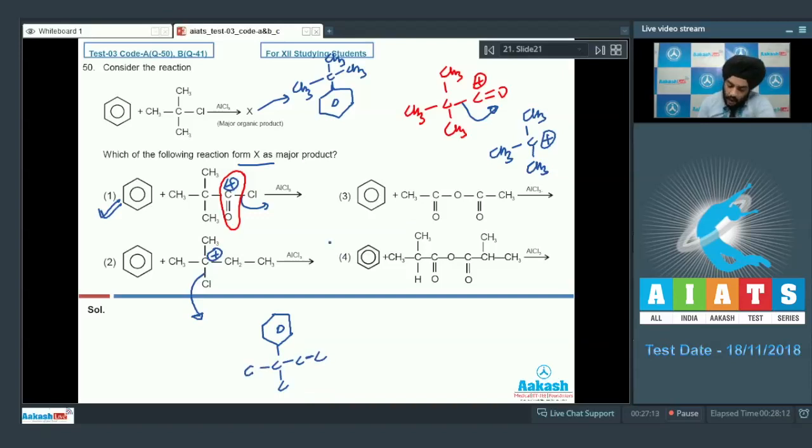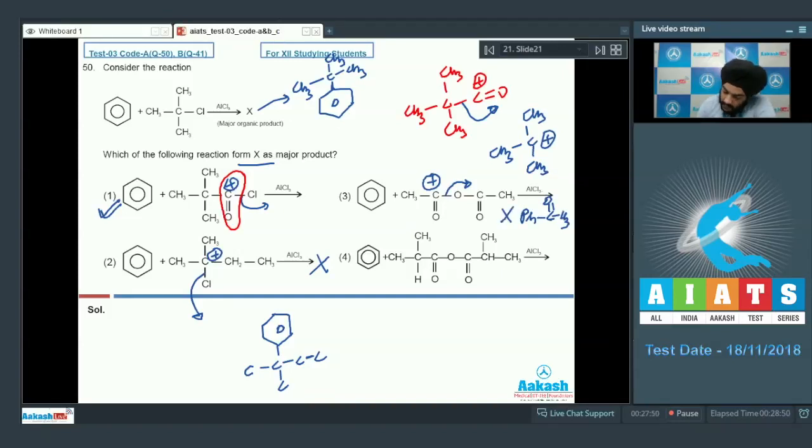So reaction 2 is not going to form X. Let us look at the third option now. AlCl3 can attack anhydrides as well, and it will make this group leave, which will lead to the formation of an acyl carbocation, and it will lead to acylation. So we'll have PhCOCH3 formed. This is also clearly not X.